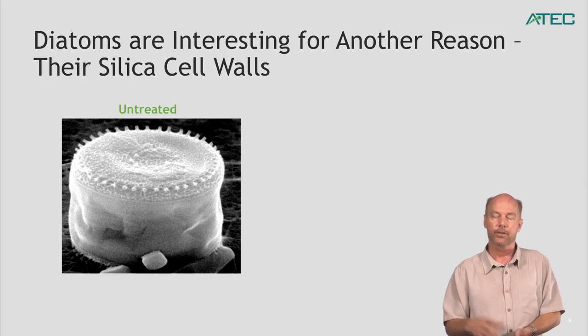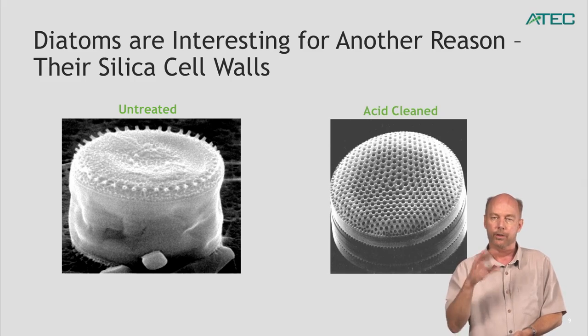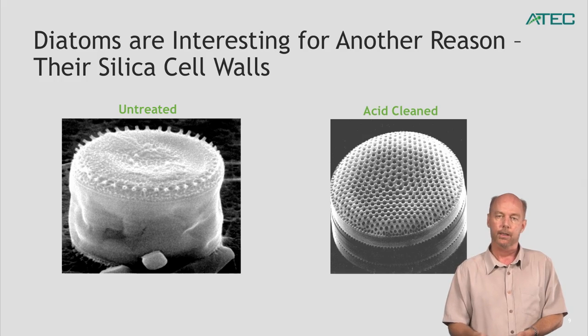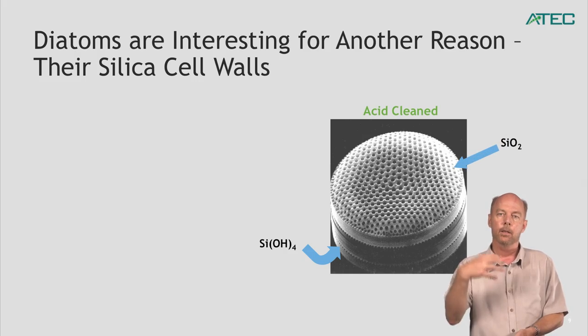The diatoms are interesting for another reason. Their cell walls. So this is an image of a single diatom cell not treated with anything. But if we treat that cell with acid, which degrades all of the organic material, what's left is a hard shell of silica. And these organisms have evolved the means to take up dissolved silicon from the seawater, transport it into the cell, and they can actually harden it and make a mineral of silica.